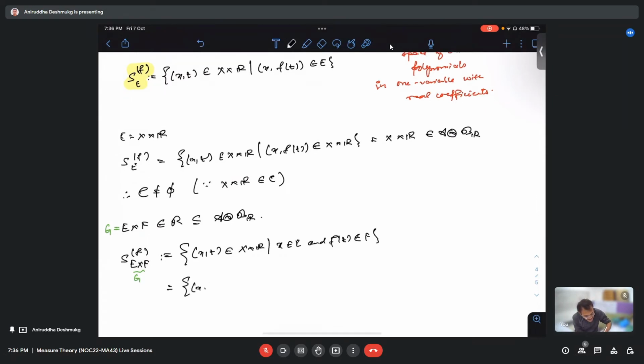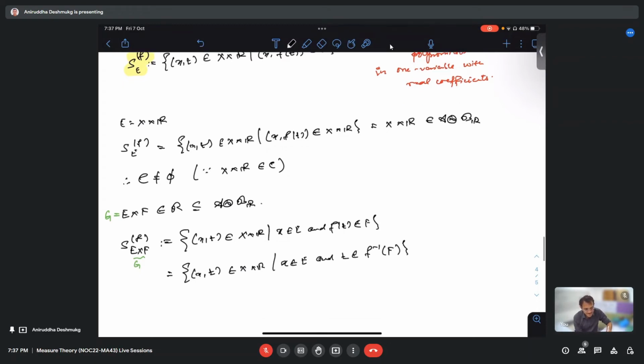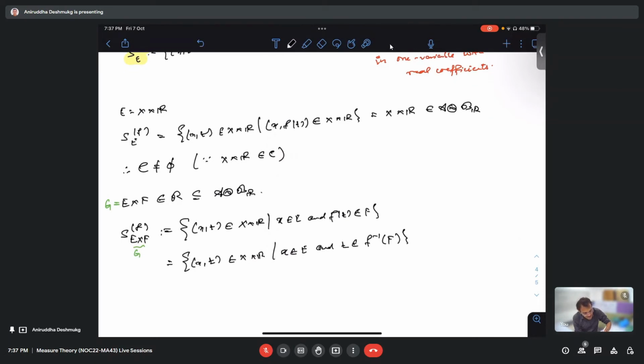This I can say is X cross R such that x is in E and t is in the pre-image of F. So this I can write as E cross the pre-image of F. Now the question is whether this is a Borel set.